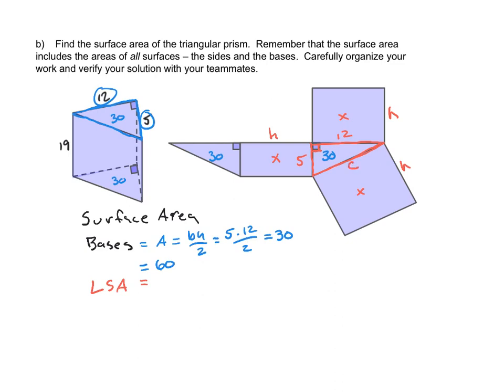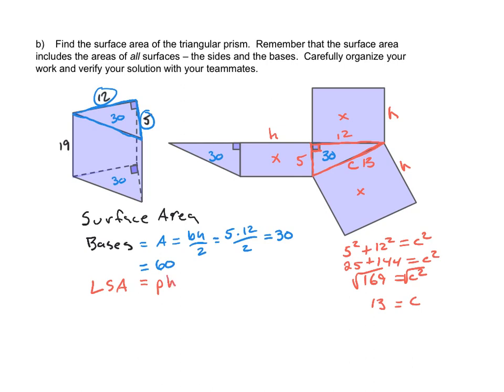I'm just going to call this C, and that would be 5 squared plus 12 squared is equal to C squared. So 25 plus 144 is equal to C squared. 169 is equal to C squared. If you do the square root of both sides, you get that C is equal to 13. So now I need to find the perimeter. Remember, the lateral surface area is the perimeter times the height of the prism.